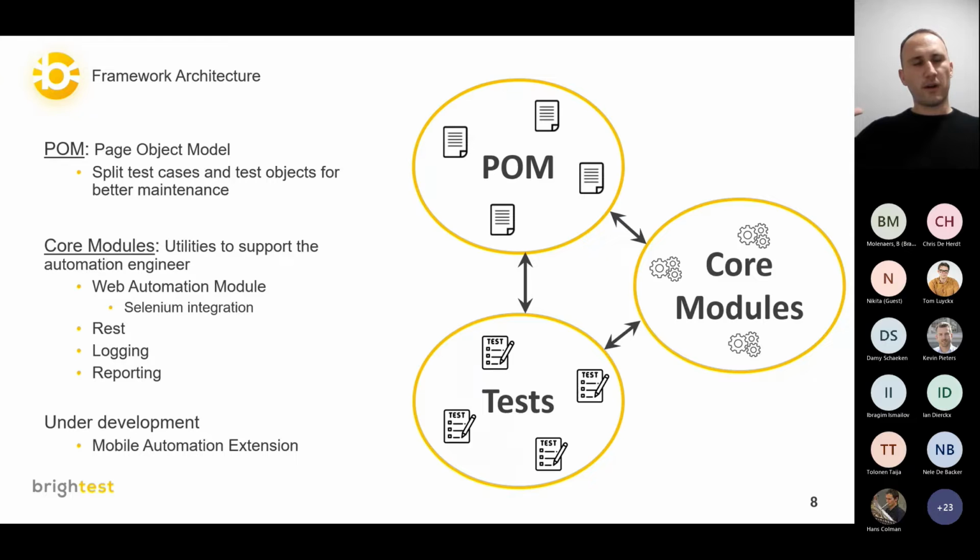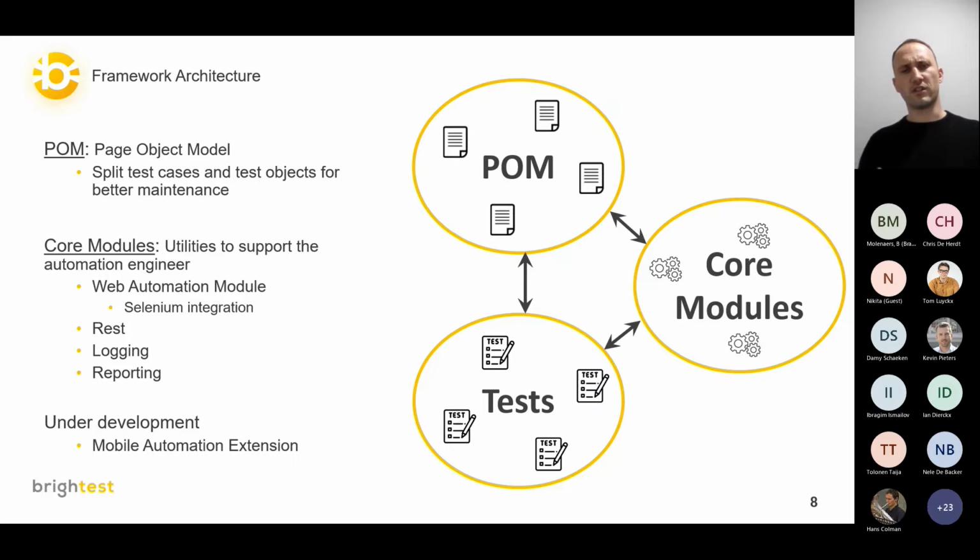Okay, so Bright Automation Framework, I have talked about why we use it, what's the power behind it, but how is it constructed? In short, we have the core modules. It's very modular, which gives us the possibility to add new modules or to remove old modules in case they are no longer important. But the core is a web automation module, we have a REST module, we have a logging module, and we have a reporting module.